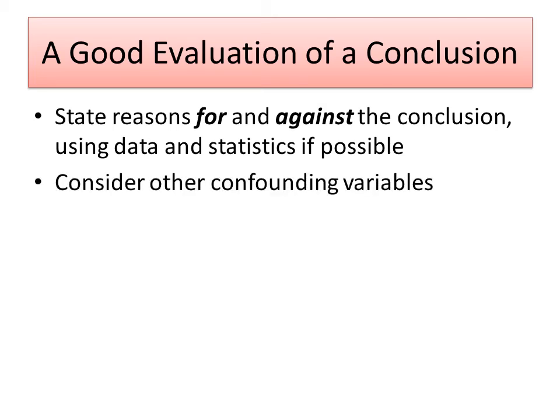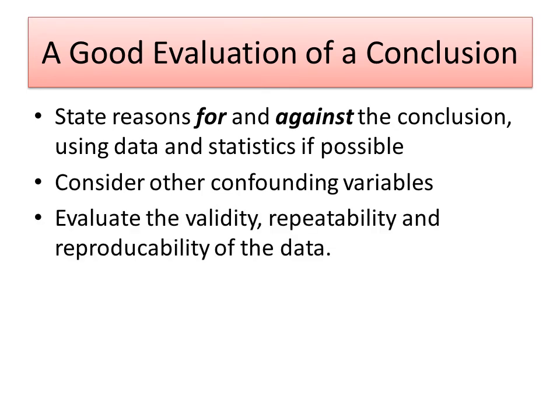Consider other confounding variables, anything else that might have had an impact upon this data that might actually be affecting the way that the data is being collected. Evaluate the validity, repeatability and reproducibility of the data. So by validity, what we mean is, have all the control variables been controlled? If you're investigating something in an environment, have you measured all the other environmental factors, the abiotic factors, for example, like temperature and pH of the soil?